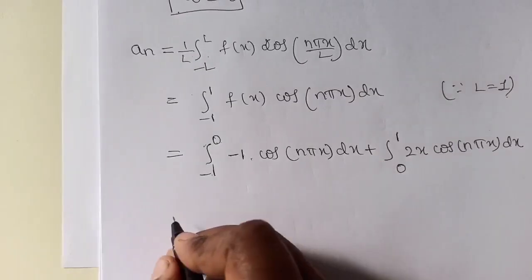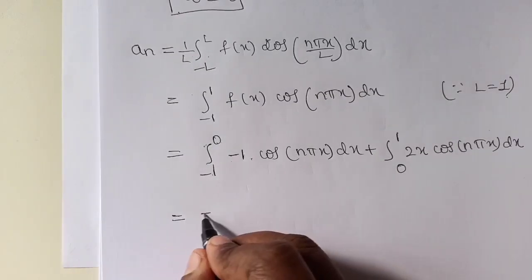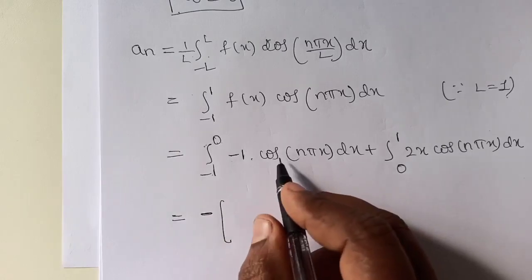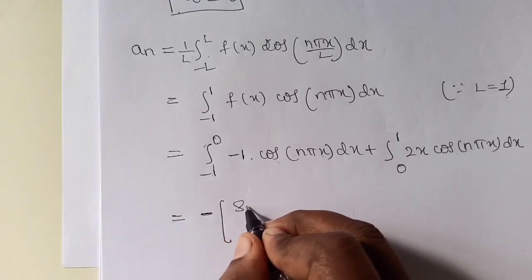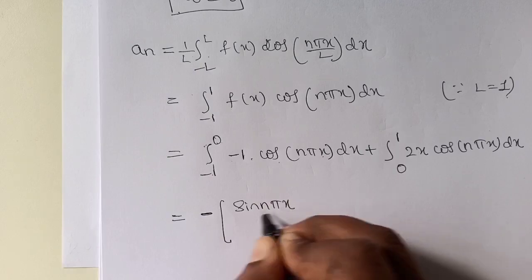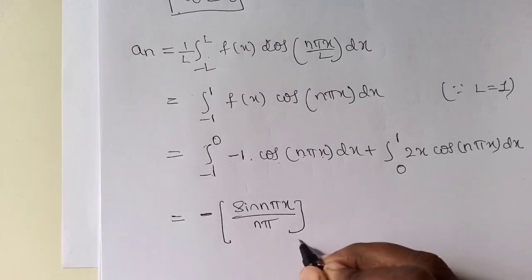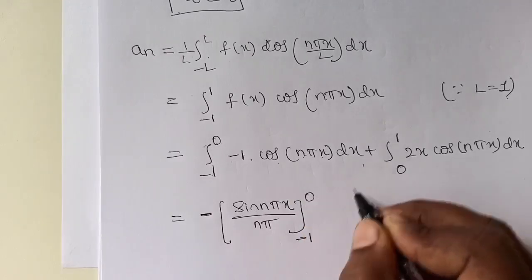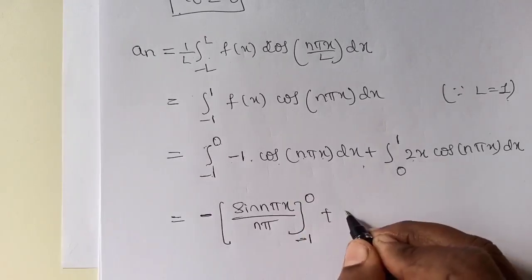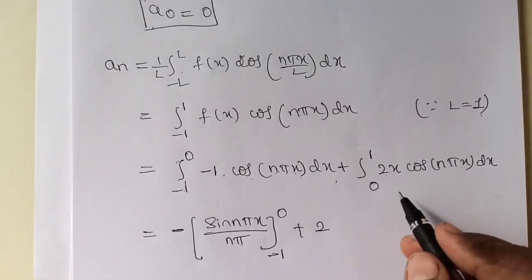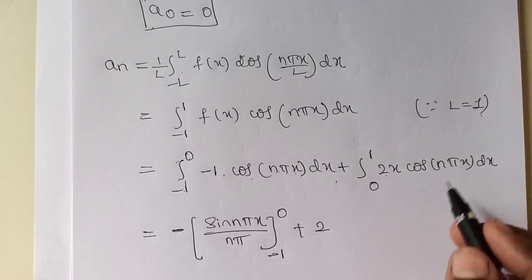Now integrating this, the minus can be taken outside. The integration of cos(nπx) is sin(nπx) divided by nπ, with limits -1 to 0, plus 2 taken outside. Here we get x cos(nπx).